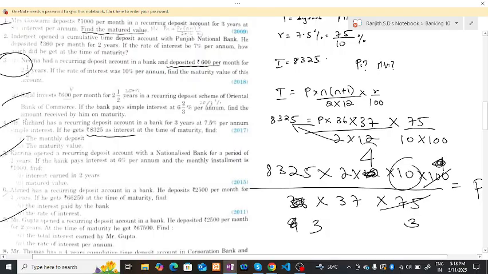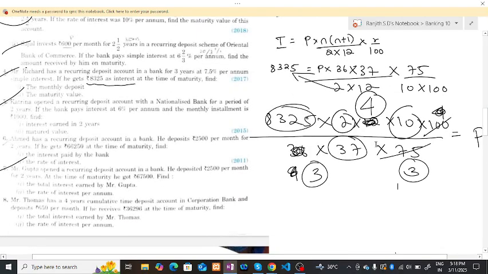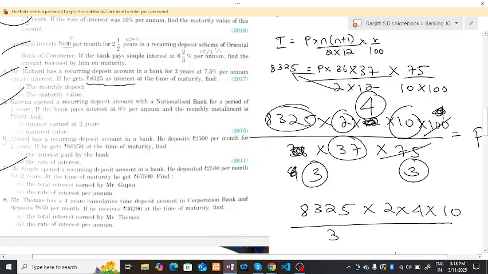So we have these values left. 2 into 4. Okay, let me write it. 8325 into 2 into 4 into 10 divided by 3 into 37 into 3.